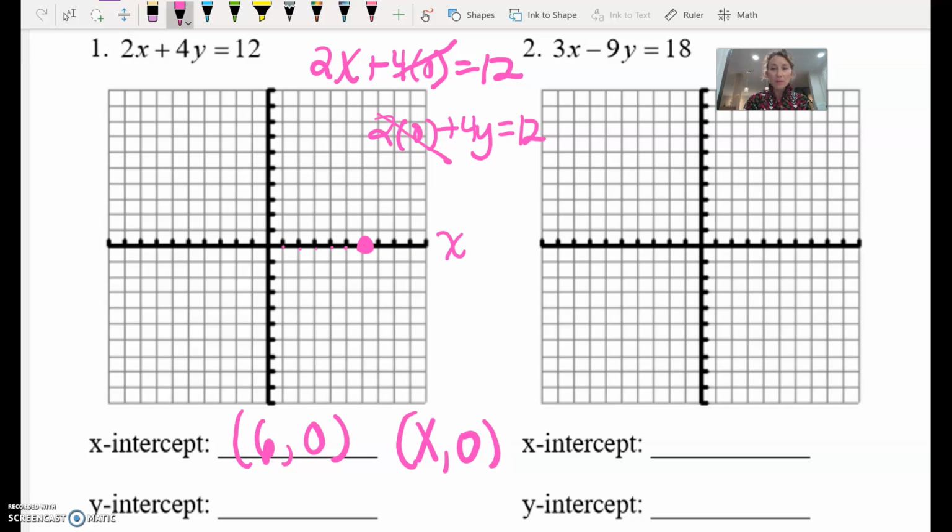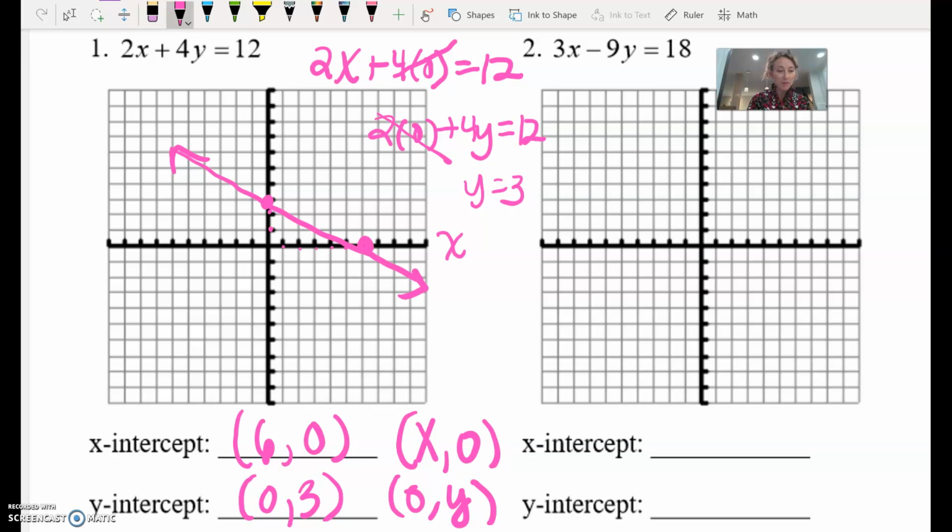So 4 times what makes 12? y is equal to 3. So that looks like this, 0, comma, 3, because it's always the pattern 0, comma, y. So I go up to 0, comma, 3, put my dot down, and I connect the dots. Oh, I missed one, but it looks pretty good.